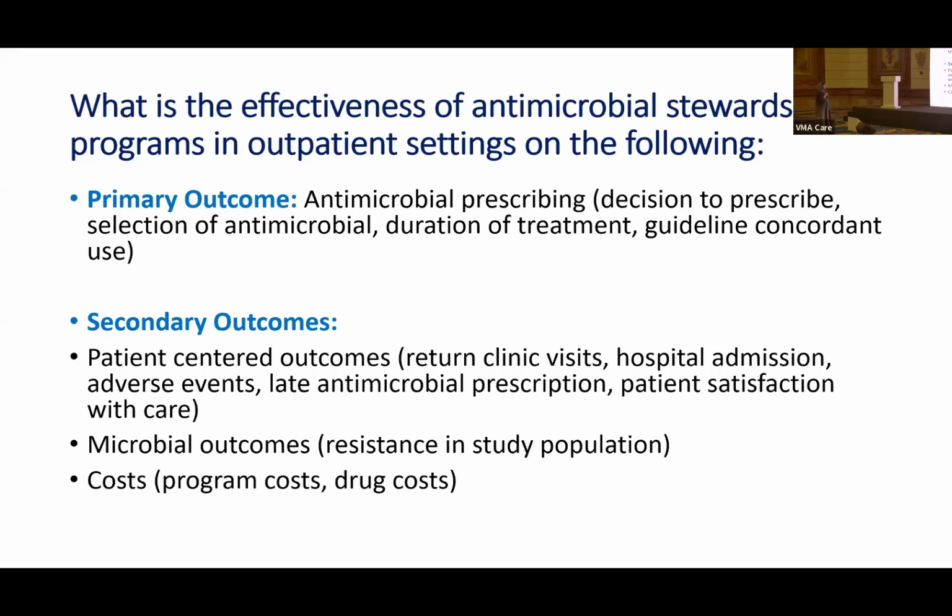As secondary outcomes, we can look at patient-centered outcomes: how many clinical visits they had, how many of these patients were admitted to the hospital, adverse events, and patient satisfaction as well. Microbial outcomes such as resistance in the outpatient setting. And of course, as usual, we look at cost reduction as well.